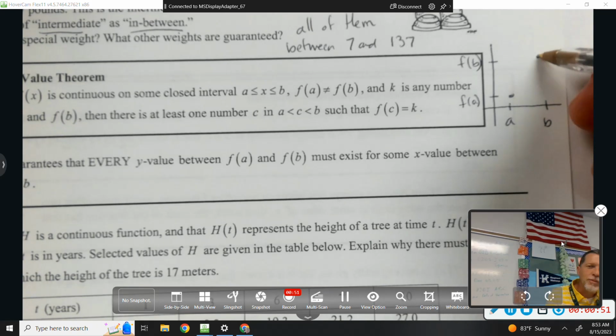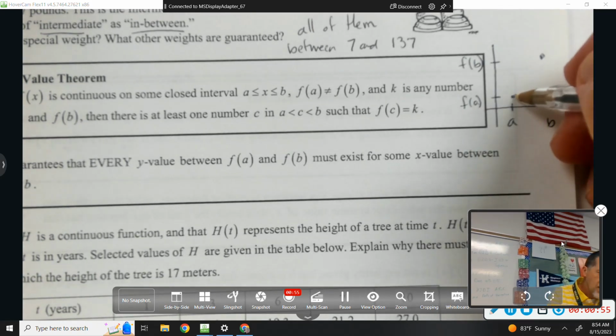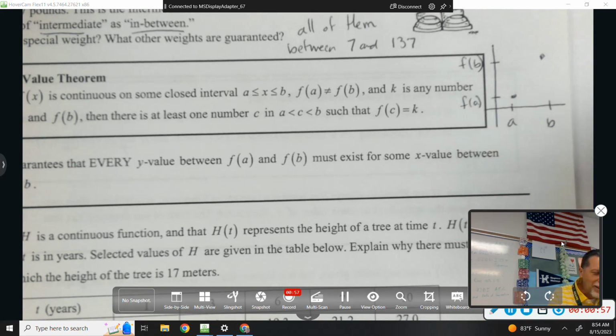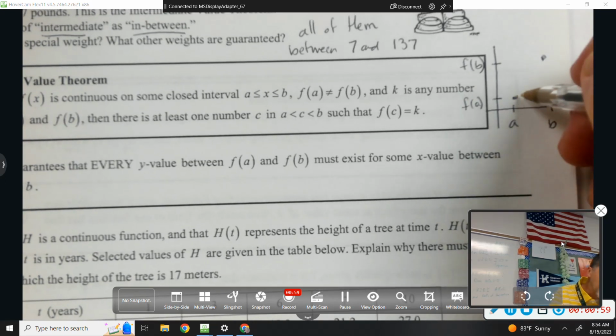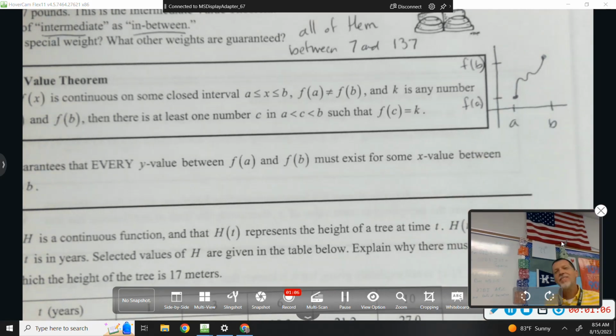However you want to get from 7 to 137. Probably not healthy if a kid does it that much, but as an adult, that might happen.